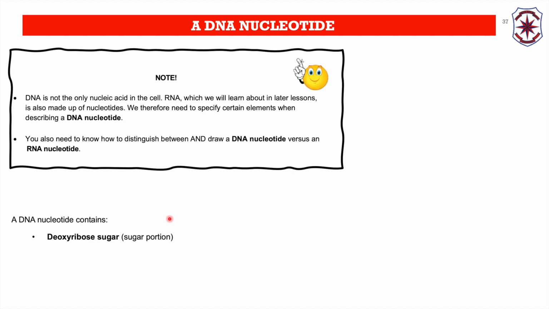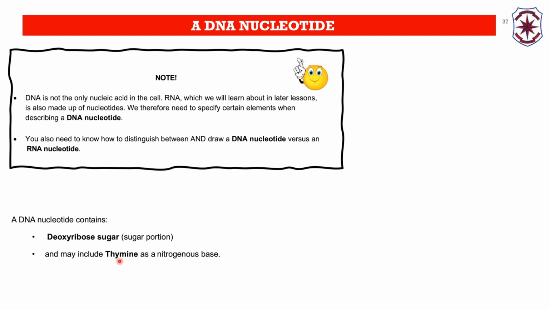All right? And there is a nitrogenous base that is specific to DNA. RNA contains cytosine. It contains guanine as well. It contains adenine as well. However, RNA does not contain the nitrogenous base thymine.